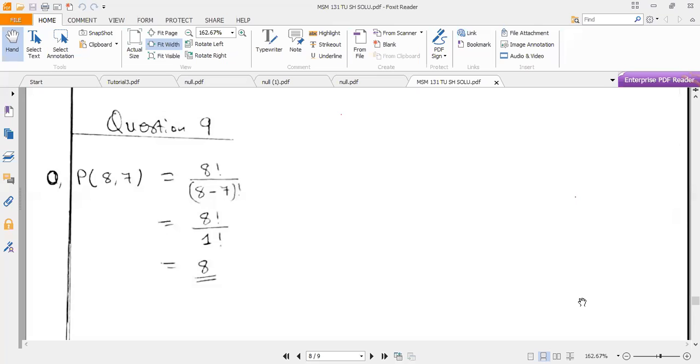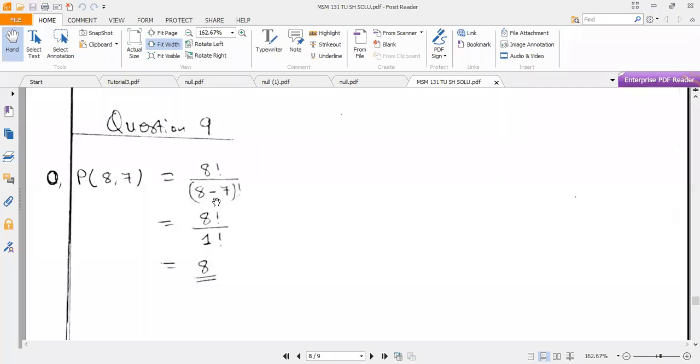All right, so we go to permutation. So how do we find permutation? A permutation of 8,7 is found by 8 factorial over 8 minus 7 factorial. So notice the difference. This one only has 8 minus 7 factorial.